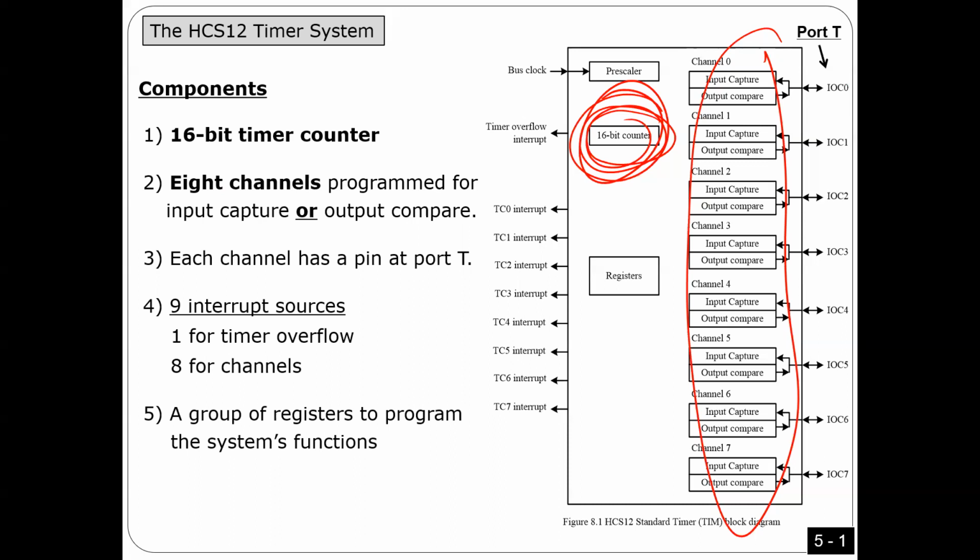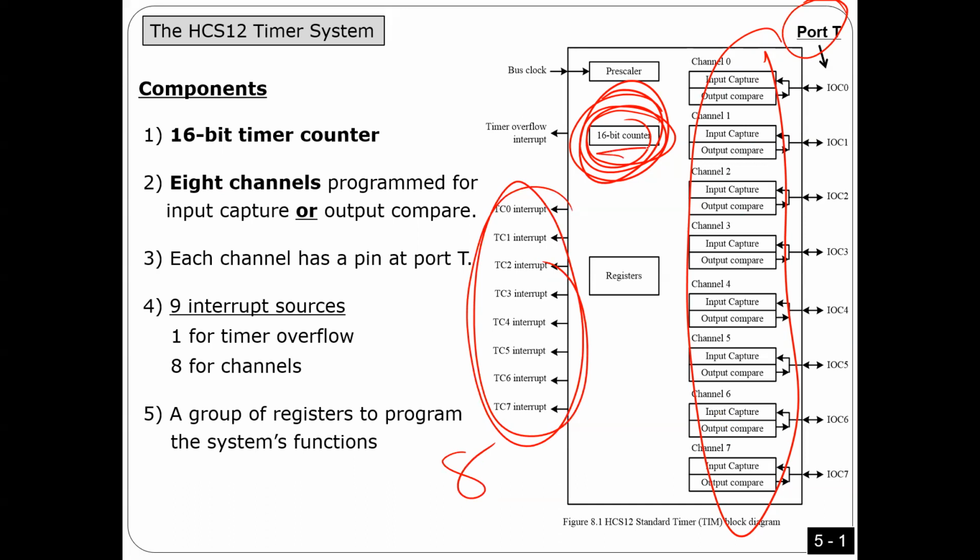This timer system has 8 channels. Every channel can do input capture or output compare. Until now, we don't understand what input capture is, but it looks like something good, and I'm going to give you details. Every channel has one external pin on port T. Also, we have a counter, which is a 16-bit counter. Also, every channel can trigger one interrupt. So now we have 8 more interrupts.